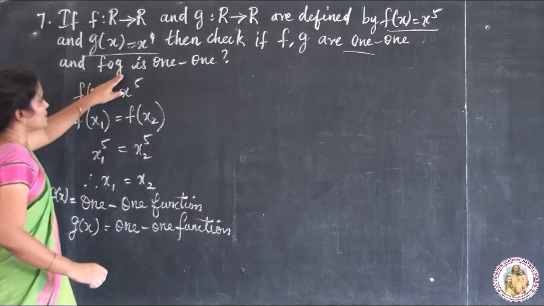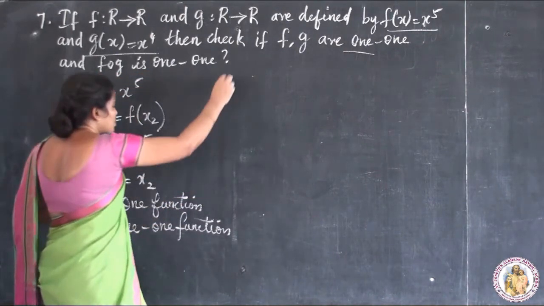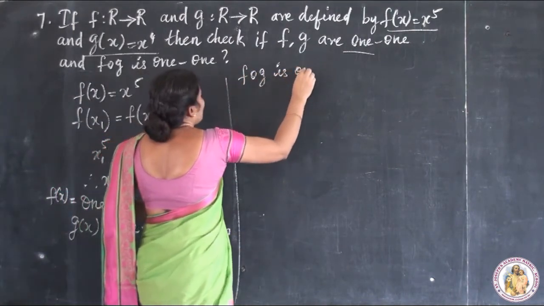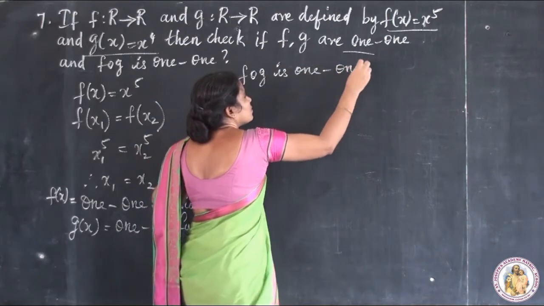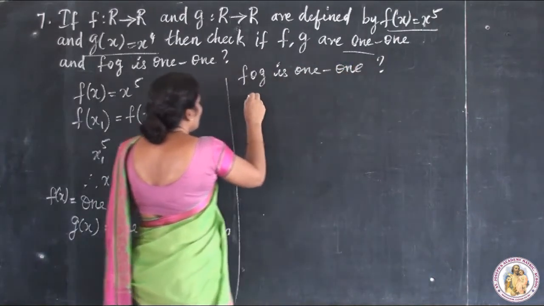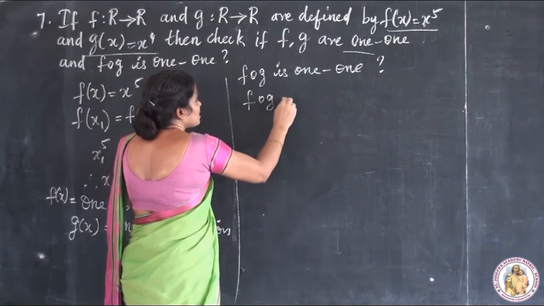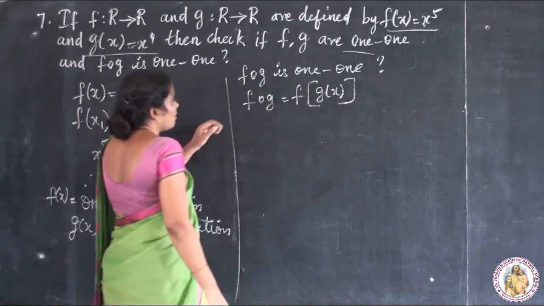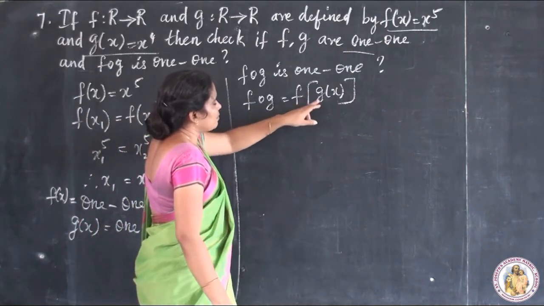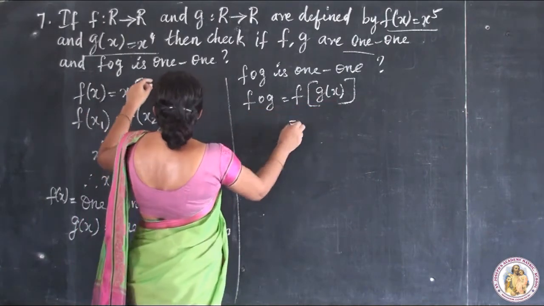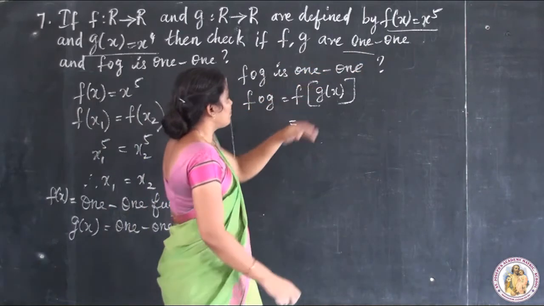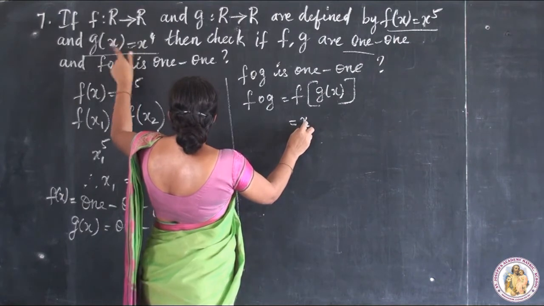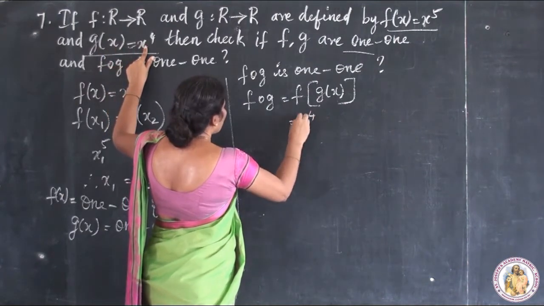Okay, and is f of g one-to-one? We have to check whether f of g is a one-to-one function. Taking f of g, it is nothing but f within bracket g of x. F of x is x to the power of 5. In the place of x you have to write g of x, which is x to the power of 4.